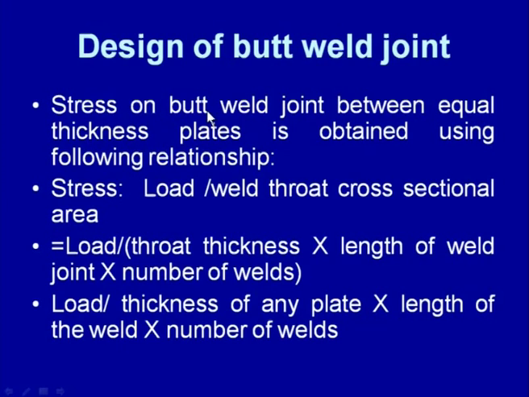To design the butt weld joint, the stress on the butt weld joint between equal plate thickness is obtained using this relationship, where the stress is equal to the load divided by the weld throat cross sectional area, and further the load divided by the weld throat thickness multiplied by the length of the weld into the number of welds.